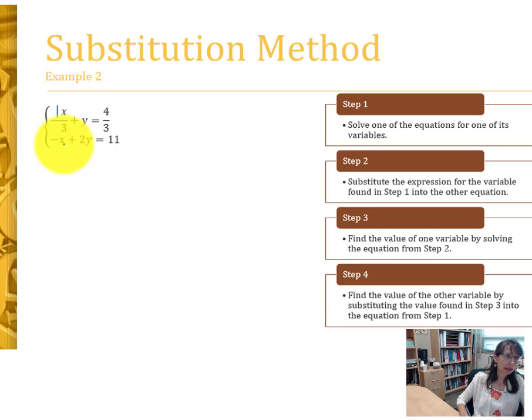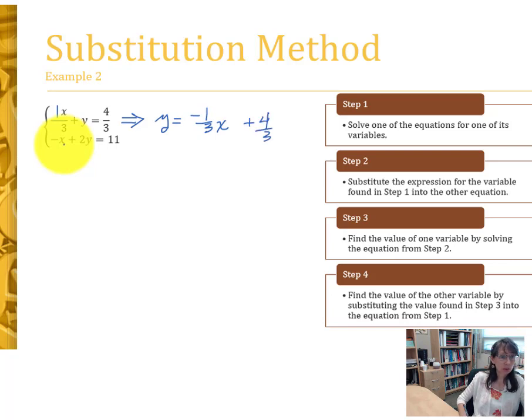So since that first linear equation has a positive y, it would be easy to solve that equation for y. So to rewrite that, all I would have to do is subtract 1/3 x from each side to get y equals negative 1/3 x plus 4/3.